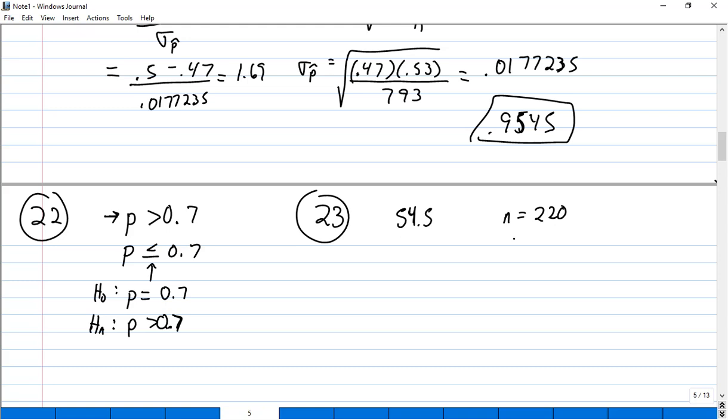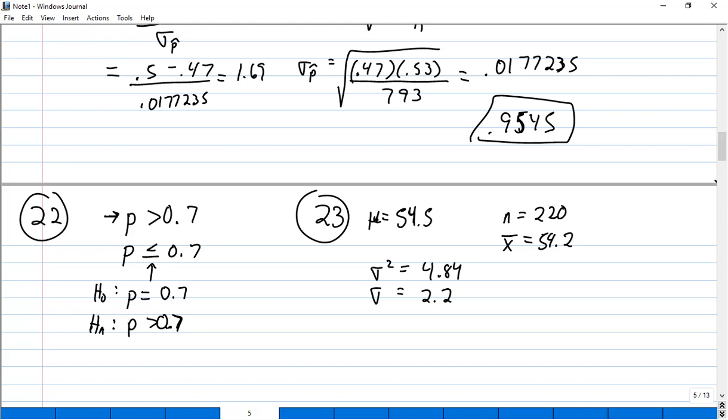We were given a sample mean of 54.2, and it says assume a variance of 4.84. So we need to take the square root of that. When you take the square root of that, you get 2.2.